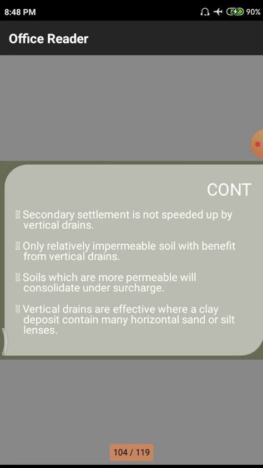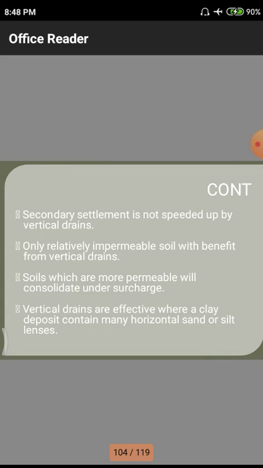We need to understand those two, permeable soils and impermeable soils. Relatively impermeable soils, those which don't allow water through them, benefit from constructing these sand drains.